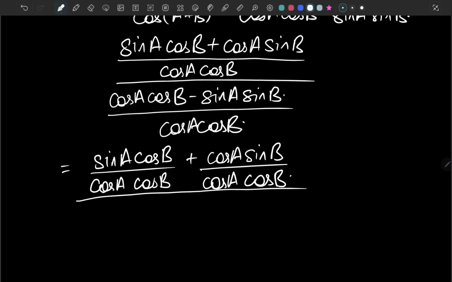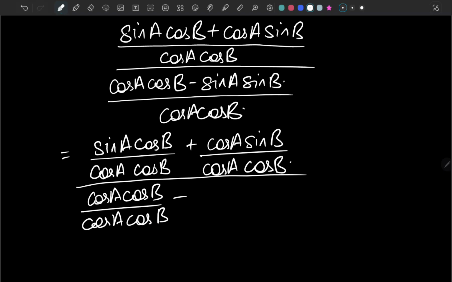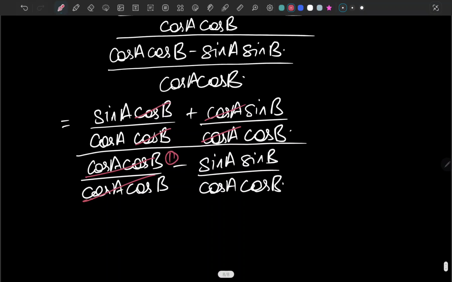Over this can be written as cosine of a cosine of b over cosine of a cosine of b, that's eventually gonna be 1, minus sine of a sine of b over cosine of a cosine of b. Okay, now let's cancel something, so that's gonna be 1, right? And this cosine of b cancels out, cosine of a cancels out, right?